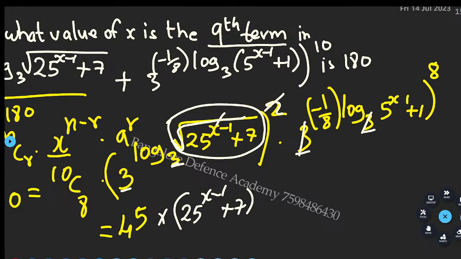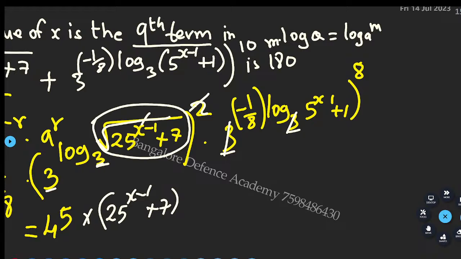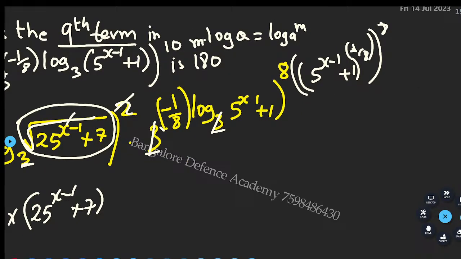Now what happens: m log a is log a to the power of m. So this minus 1 by 8 will come to this power, correct. So this becomes 5 to the power x minus 1 plus 1, to the power of minus 1 by 8, whole bracket to the power 8, correct. So what will get cancelled?